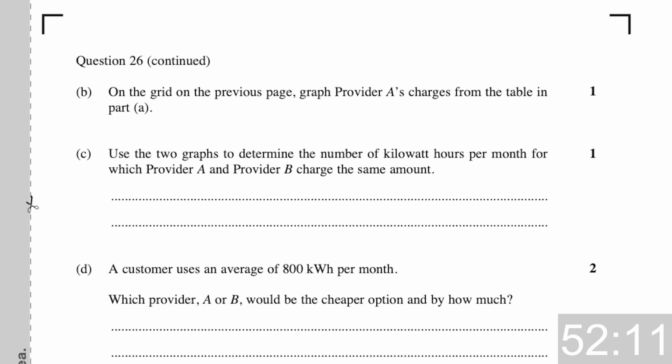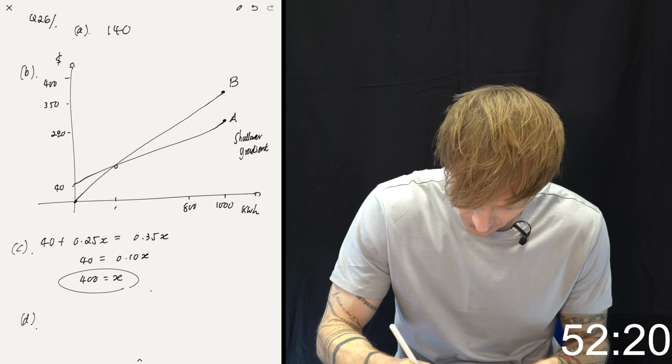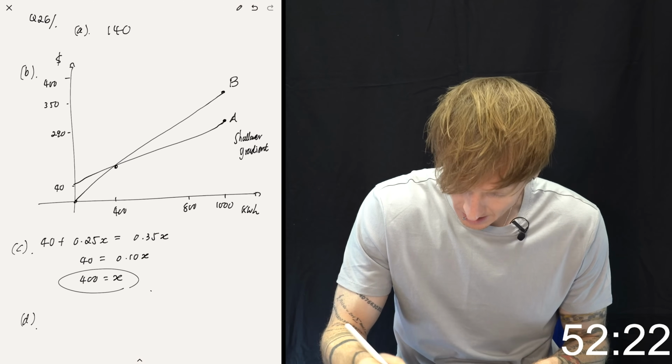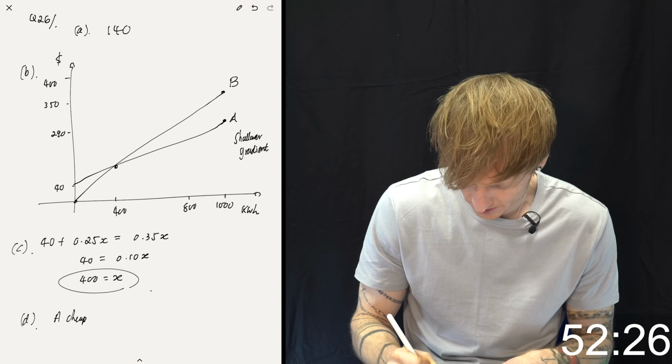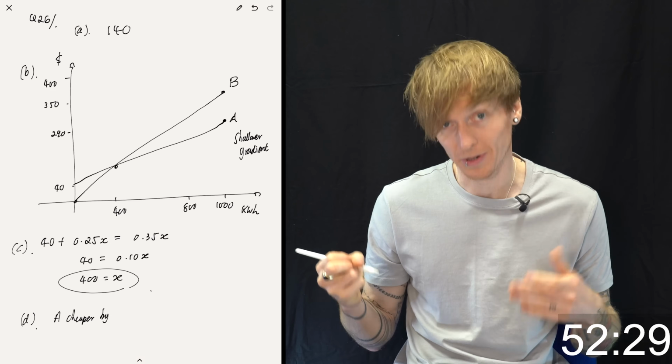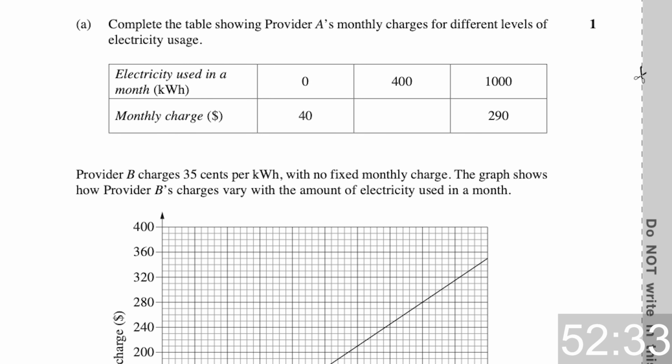Part D. Customers use an average of 800. Which provider, A or B, would be the cheaper option? So 800 is like here. They're intersecting at like 400. Definitely not to scale. So A is cheaper. And by how much? Let's work it out. So if we're doing 800 kilowatts, and they charge 25 cents, so that's $200.